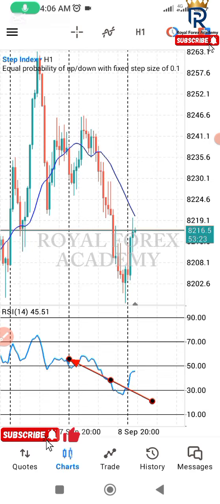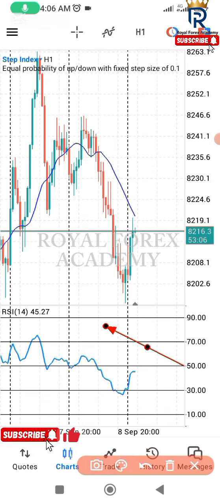However, it is important for you to know that we don't trade the RSI in isolation. What that means is you don't just get into a trade by just using an RSI. You might have heard that when the RSI pulls back to the level of 30 or between 20 and 30, you buy.